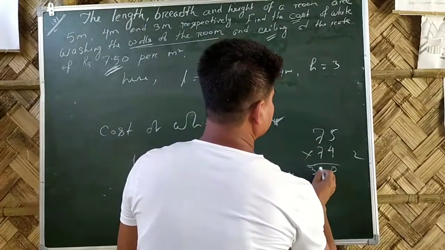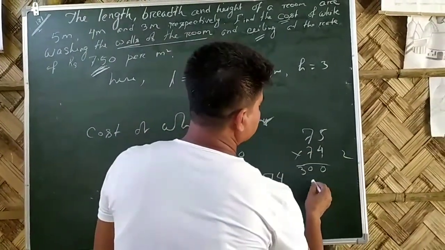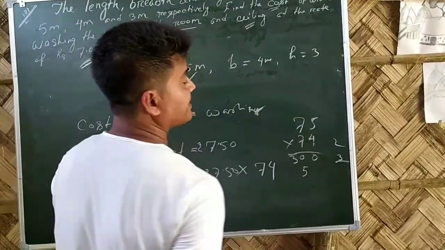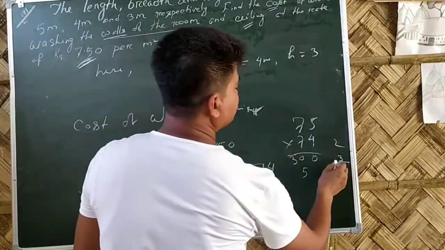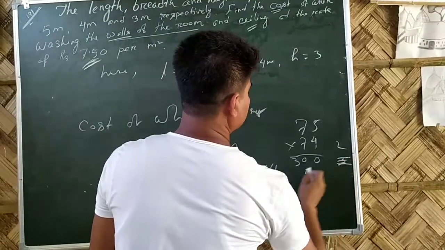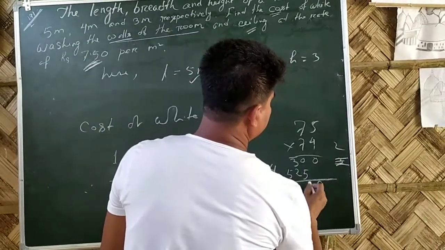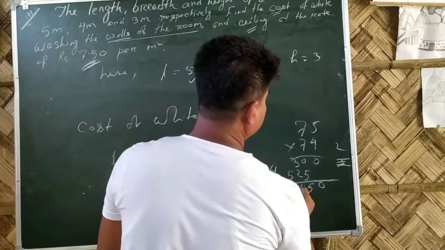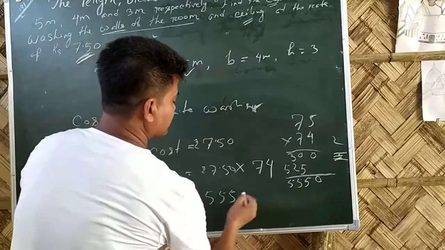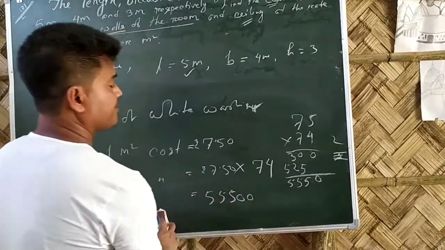Again 7 fives are 35, that means 5, the remaining is 3, and 7 sevens are 49, 49, 50, 51, 52. So total 5 5 5 0. You will get 5550. Another 0 was there in 7.50, so another 0 will be here.